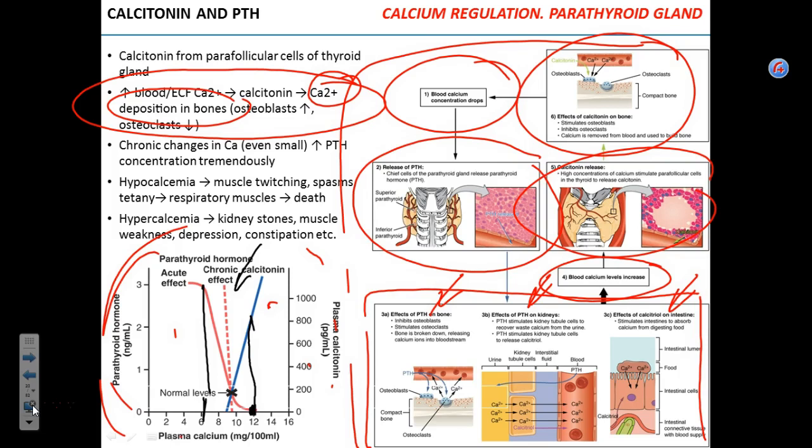If this much doesn't work, let me throw more. If more doesn't work, let me throw even more. Does that make sense? So if someone experiences chronic mild hypocalcemia, it will lead to the huge increase in parathyroid hormone production. Your bones will go to trash.